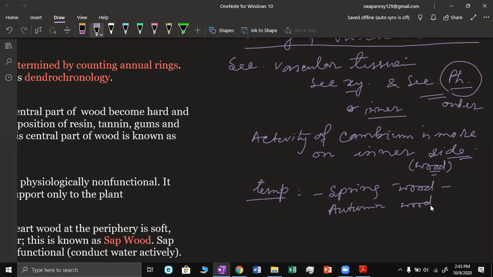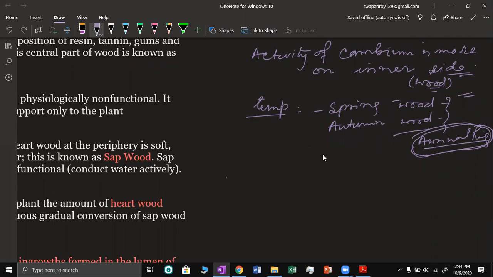This spring wood and autumn wood together make the annual ring, is it? So every year one ring for the secondary growth is produced, and so these annual rings are useful for calculating the age of the tree.